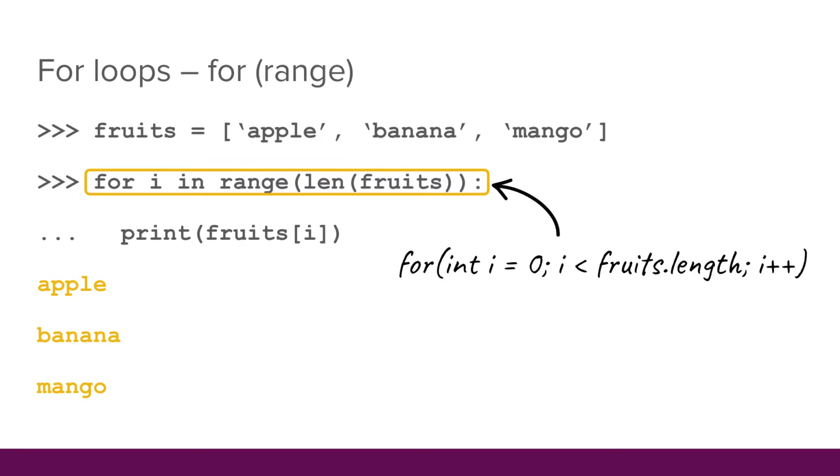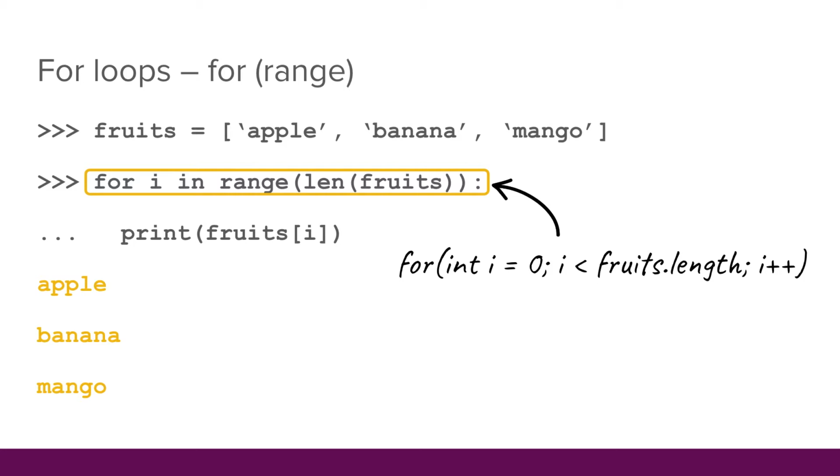One other way you can do this is using a for-range loop, and this is analogous to the classic for loop that we're familiar with from many other languages. So what's going on inside of range? It's implicitly saying, I'm going to start our counter at 0. Right now what we're passing in is the end index for that counter.